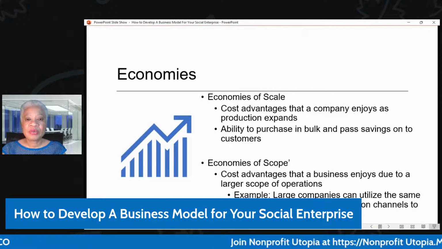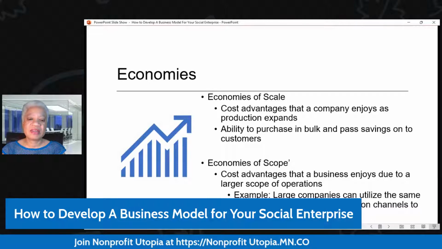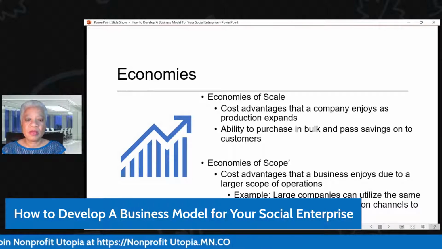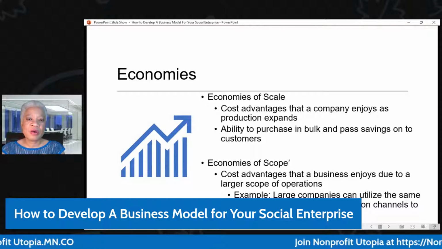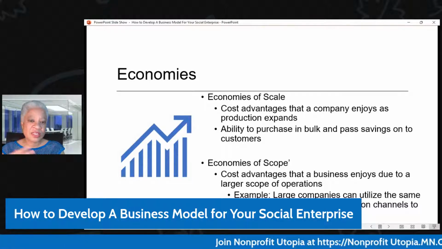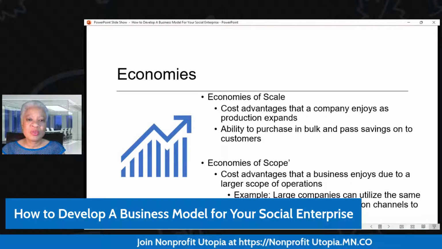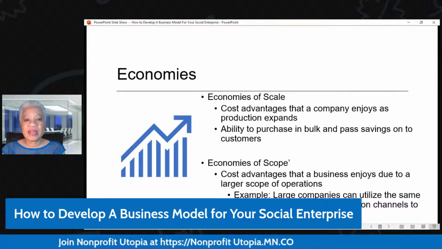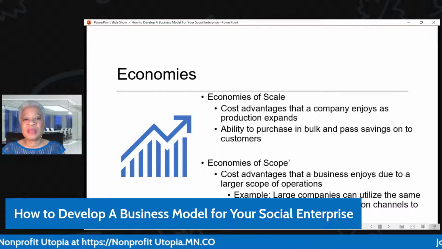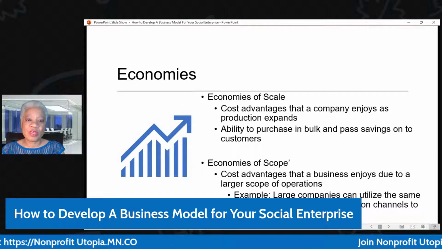All right, so we got two types of economies, right? We've got the economies of scale and we've got economies of scope, right? Economies of scale occur when you are mass producing things and you can produce at such high quantities that the cost per unit is actually lower for you.